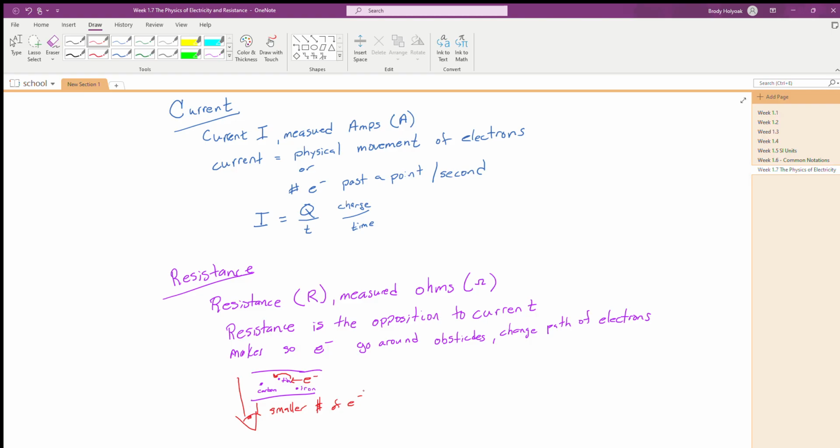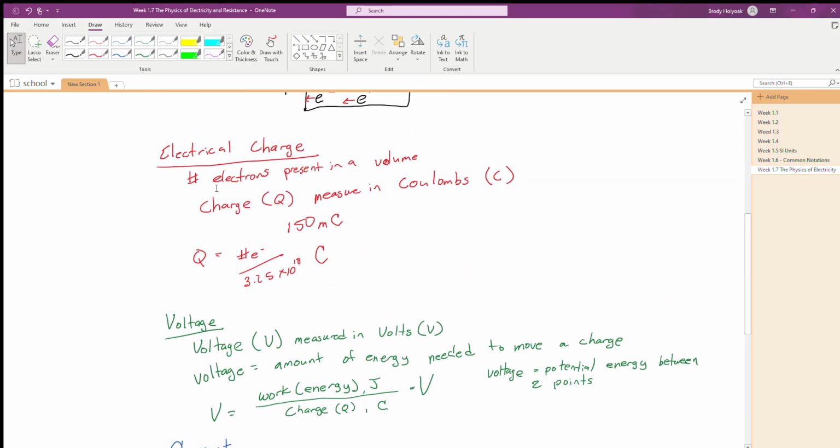All four of these work hand in hand. The amount of charge is directly related to the current. The number of electrons present is going to be determinant of how many electrons are able to be pushed around. Now we can change this charge based on the material. We can change this charge by introducing electrons from another source into the area we're at, things like that.